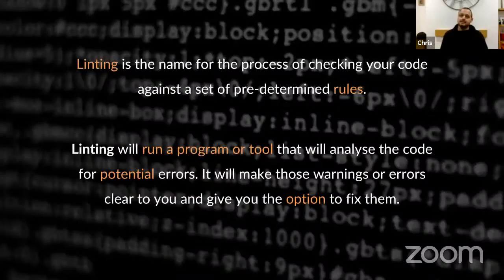Linting is a process of checking your code against a set of predetermined rules. So linting itself will run a program or a tool that will analyze your code for potential problems around these rules that you have enforced. It will give you back some warnings or some errors with guidance on how to fix them.